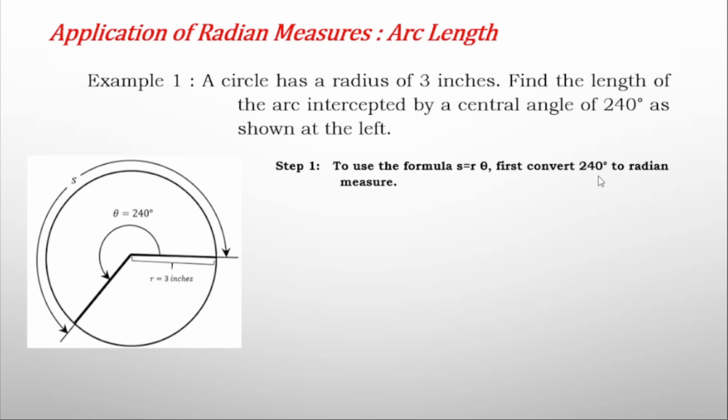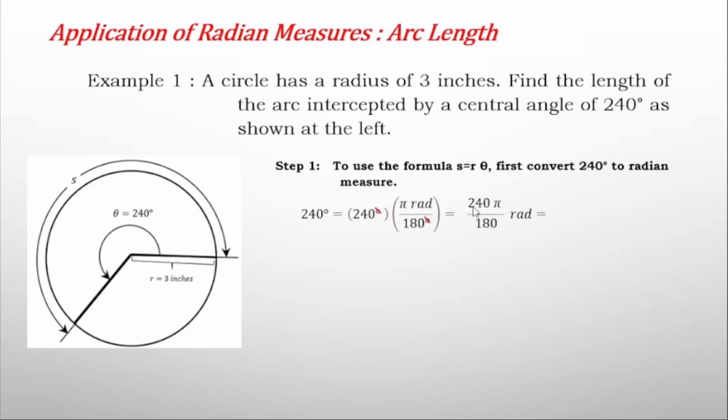First, convert 240 degrees to radian measure. So we have 240 degrees times pi radian over 180 degrees. Then we are going to cancel out the degree symbol. Then the 240 must be multiplied to the pi radian in the numerator and divided by 180.